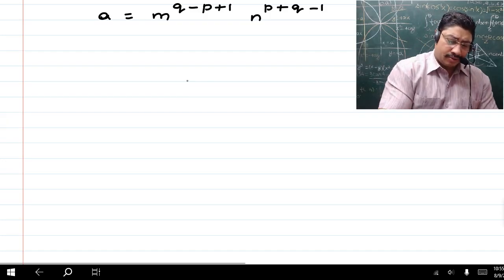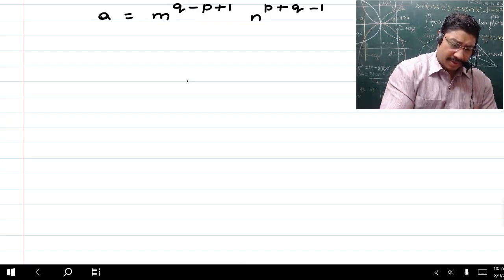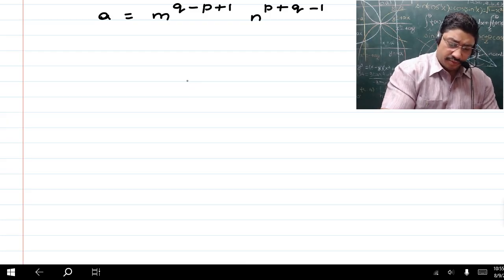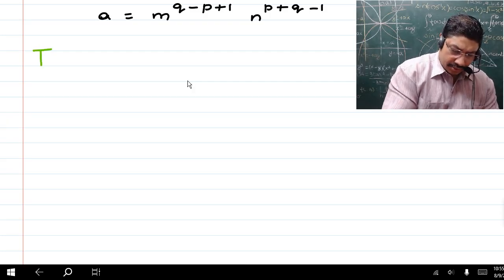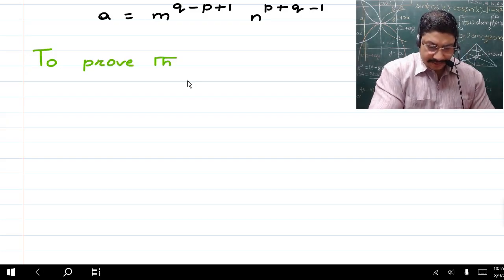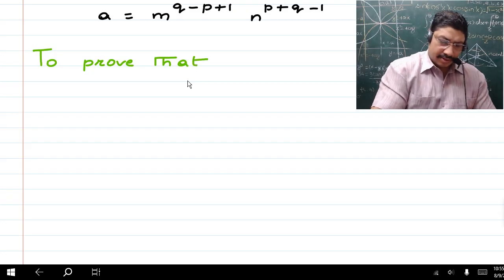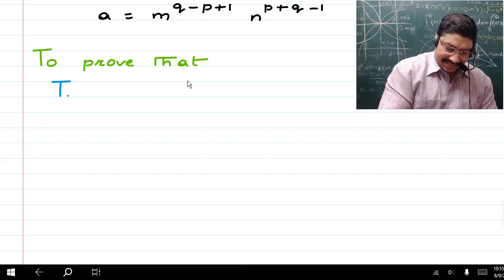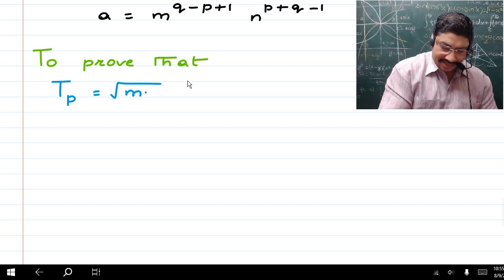So writing out the pth term, first we'll write what we have to prove. So we'll rather say, to prove that TP is equal to root mn, as simple as that.